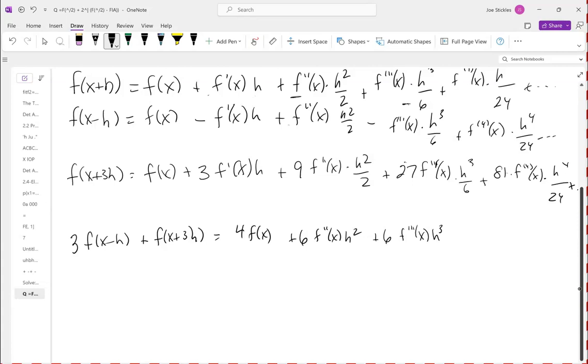It's divisible by 6. So you get 14 over, oh, I guess it's divisible by 12. How about 7 halves? 7 halves, fourth derivative of x, times h to the 4th. And then keep going. That constant is not going to matter. I could have just left it as 84 over 24 and not tried to reduce the fraction in my head.